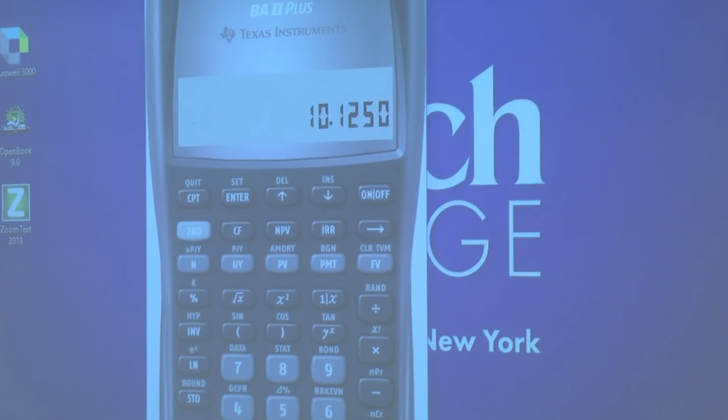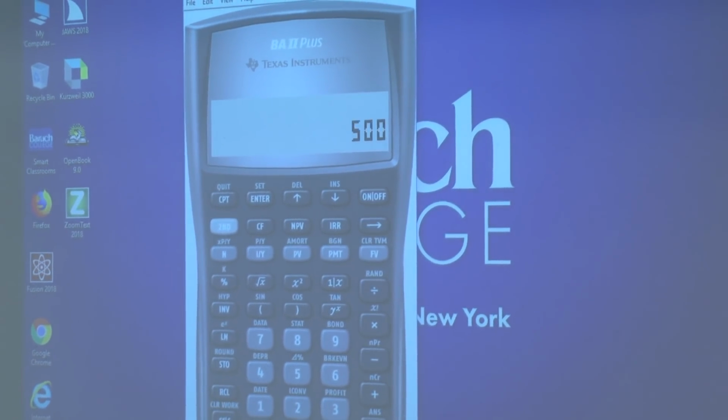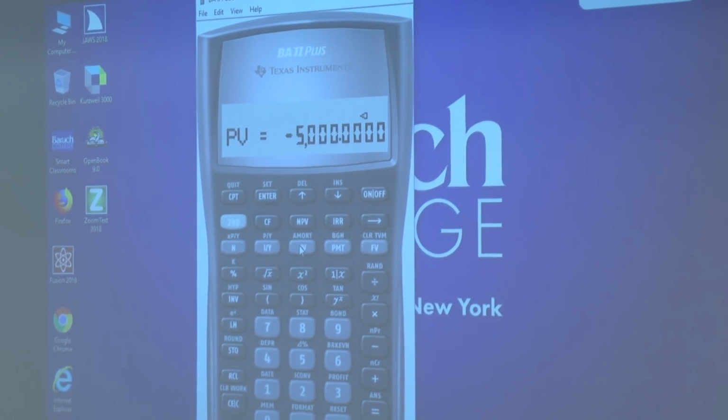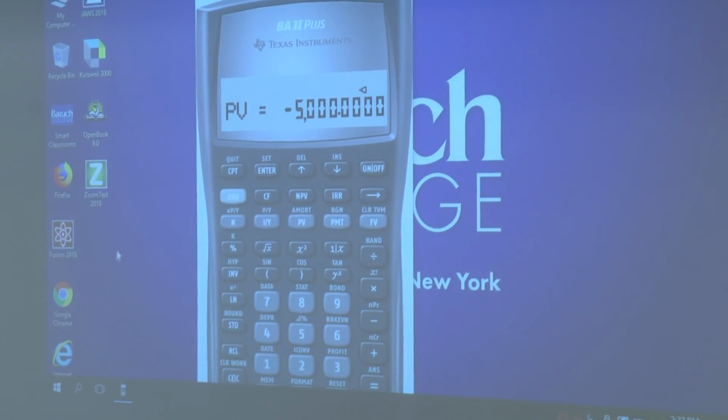We do 5,000 is my present value. 0 is the payment. 6% is the interest rate. 3 years is my period. Compute future value. I got some number.